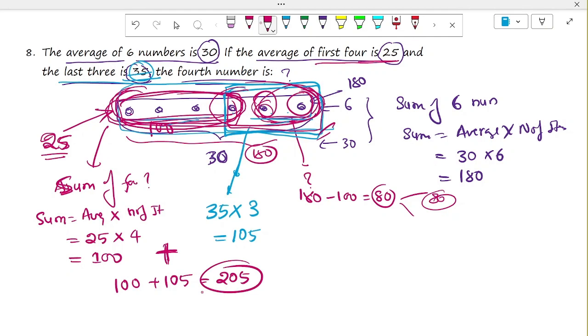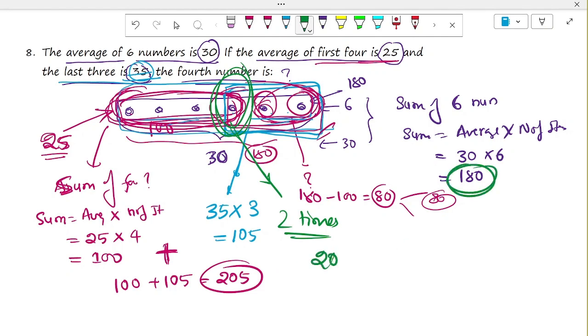But I can observe one thing here. This particular element is added two times, right? So what is our duty? Our duty is to remove it once. Then I will get 180. So if you find the difference between 205 and 180, actually this will be your answer, because you are adding this extra time.